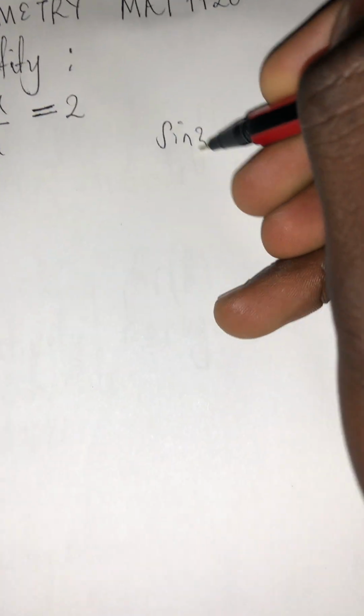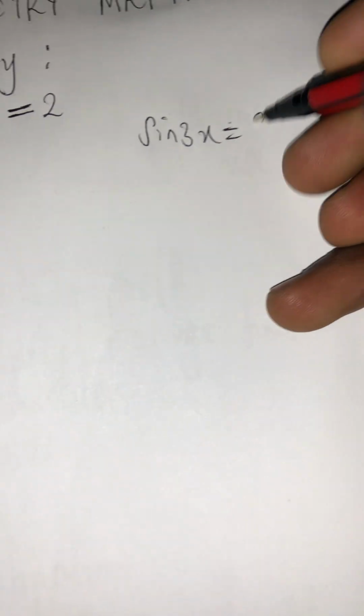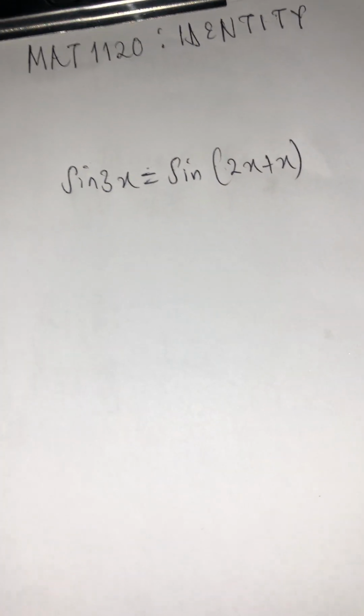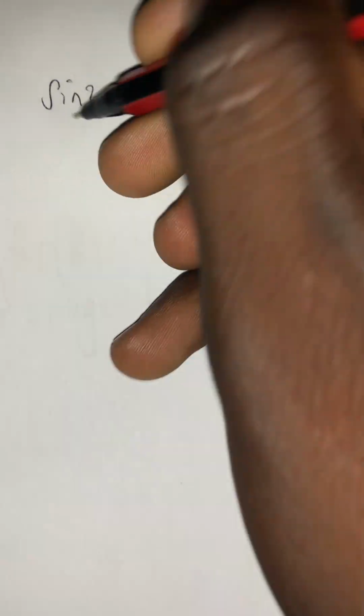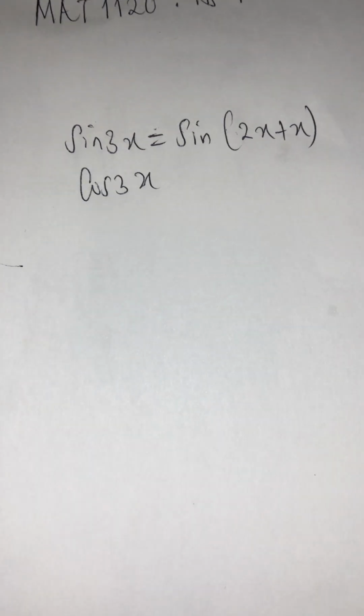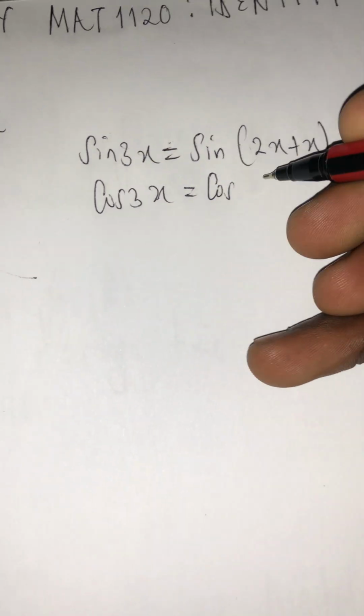So I'm going to introduce that sin 3x can also be written in this way. So sin 3x can be written as sin(2x plus x). This is the same. Even this one, cos 3x can also be written as cos(2x plus x).